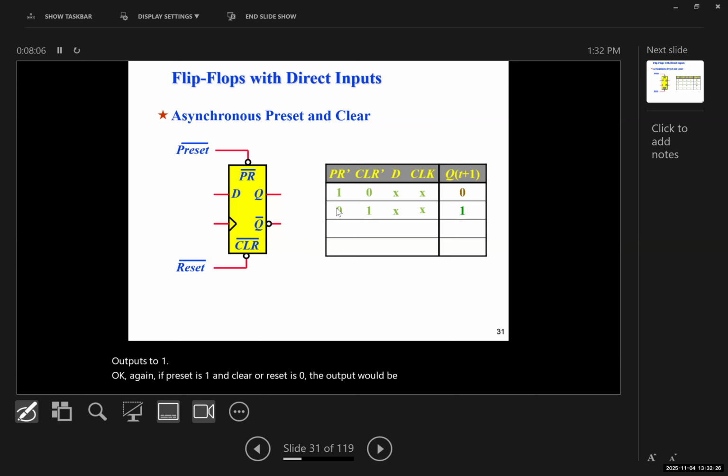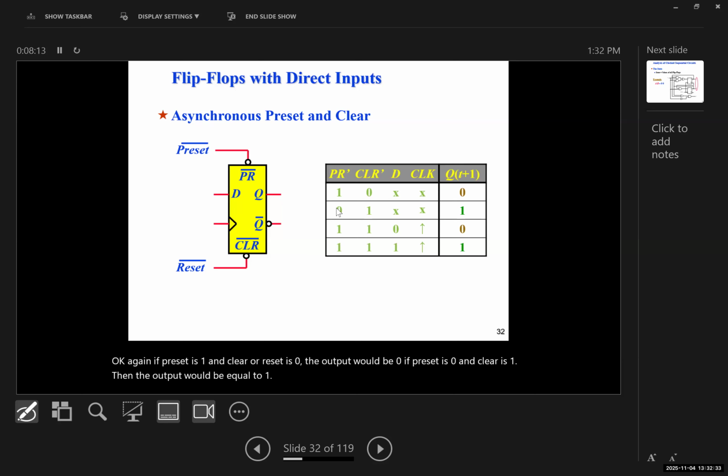If preset is 0 and clear is 1, then the output would be equal to 1. And at the rest of the times when both of them are 1s, the D flip-flop acts normally. If D is 0, the output would be 0. If D is 1, the output would be 1.